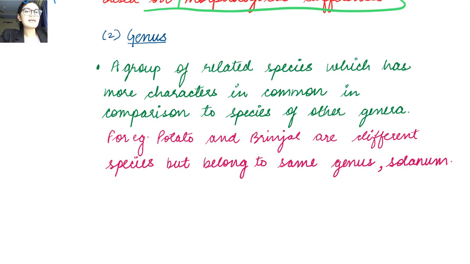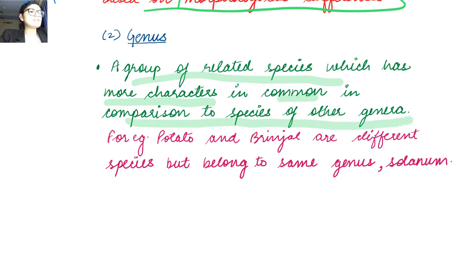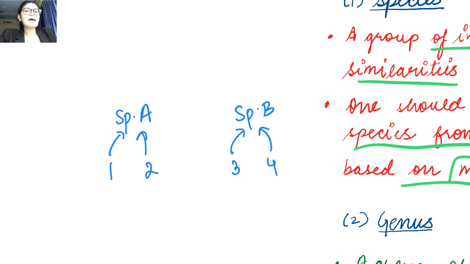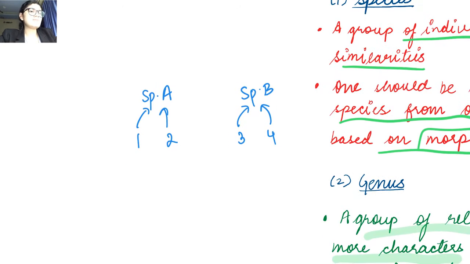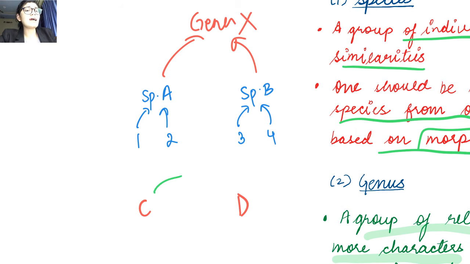Now we come to genus. A genus is a group of related species which has more characters in common in comparison to species of other genera. ठीक है? तो अभी say there are these 2 species थे, ठीक है? Now we have 2 more species, species C and species D. But species A and B are more similar to each other, इसलिए they come under genera or genus X. C and D are different from A and B, but they're similar to each other.